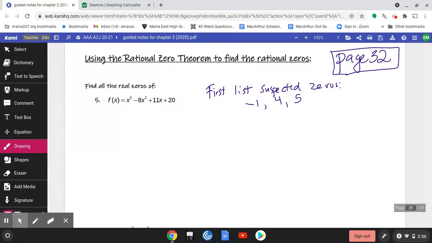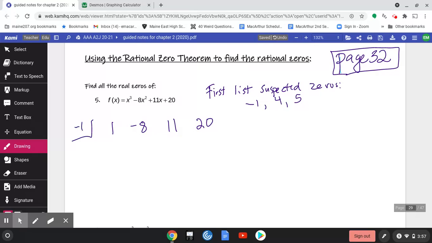And now we are going to do synthetic division to prove that they are zeros. So I'm going to take my function, 1x cubed minus 8x squared plus 11x plus 20. And I'm going to write the coefficients, 1, -8, 11, and 20. And in the corner, I'm going to put one of my suspected zeros.